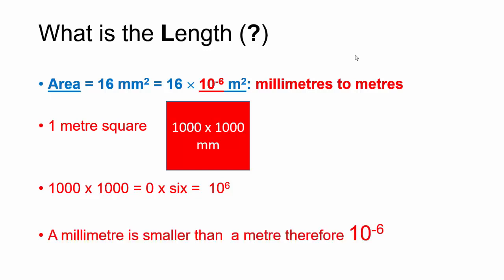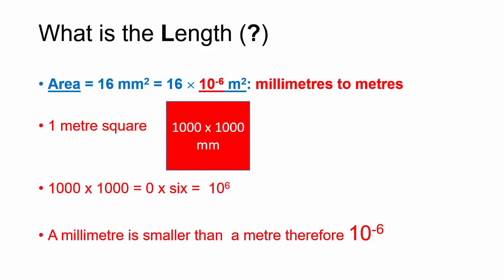So to do that, we have to use indices. Because a millimeter is smaller than a meter, it is going to be a minus indice. So 1,000 millimeters times 1,000 millimeters will give us the square meter.